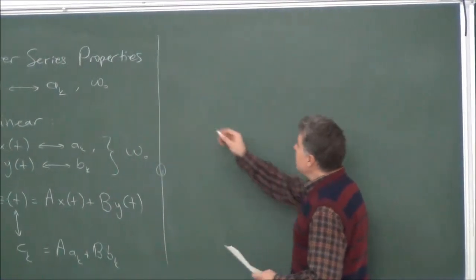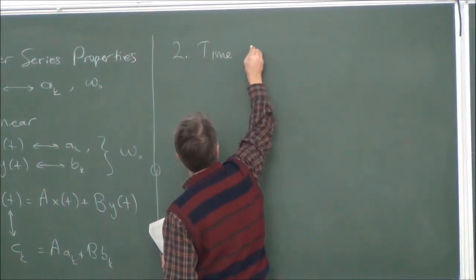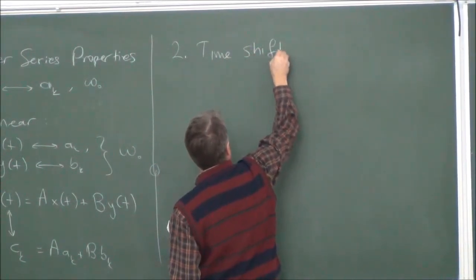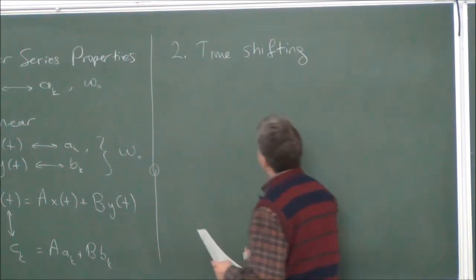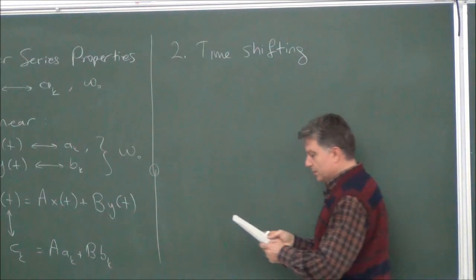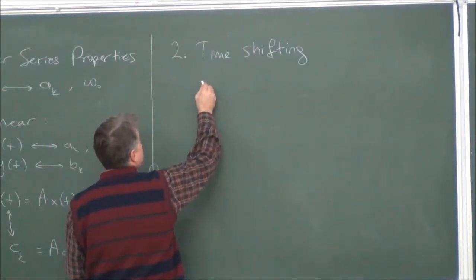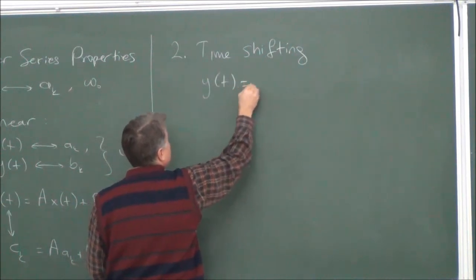Okay, the other property is time shifting. What happens if you shift your original x of t by an amount of t0 to make a y of t?